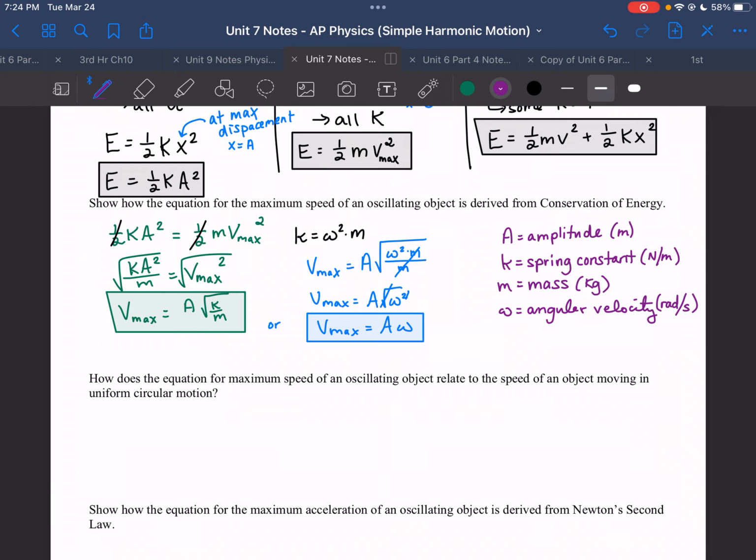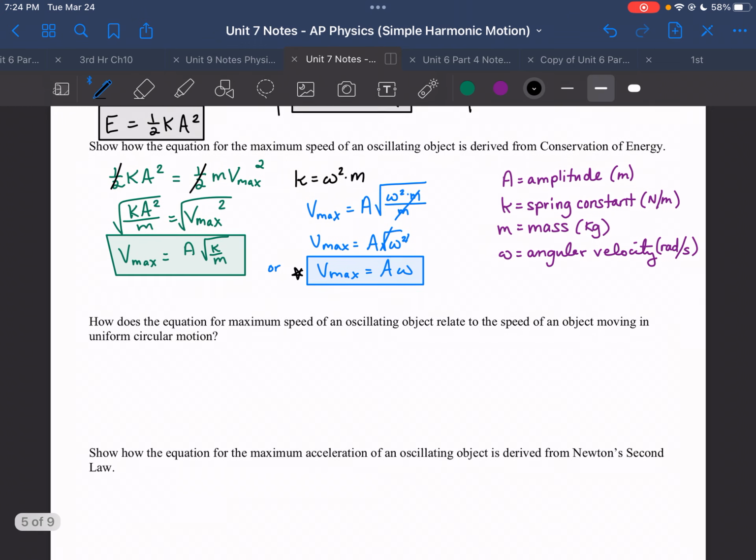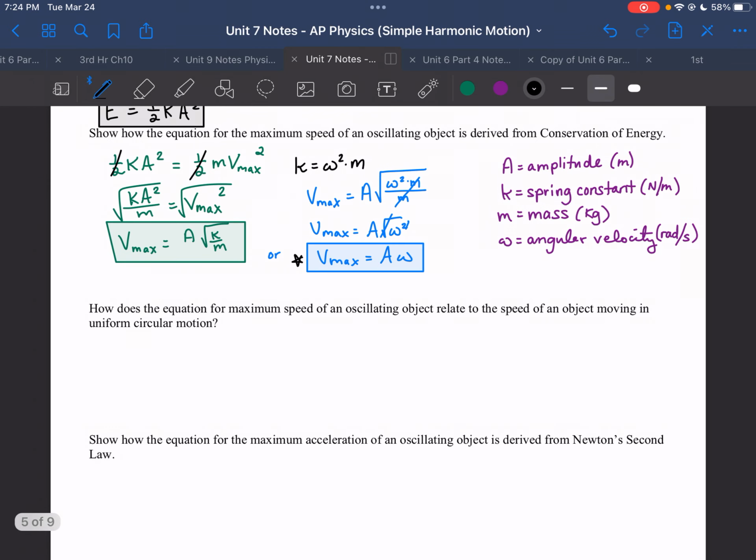Both of these are totally good equations to use. This one is typically used the most often. I want you to see the relationship here between simple harmonic motion and uniform circular motion. In UCM, we know that the velocity is equal to the radius times omega.